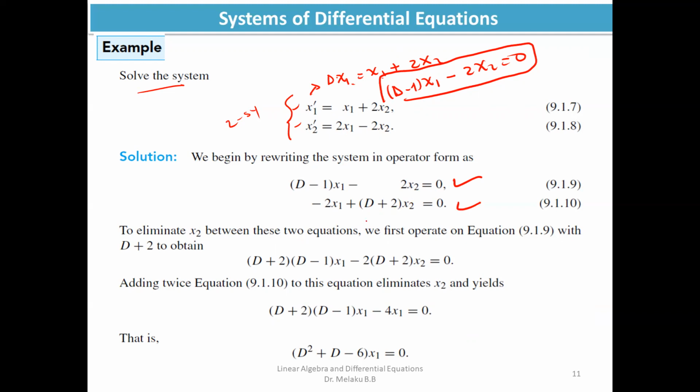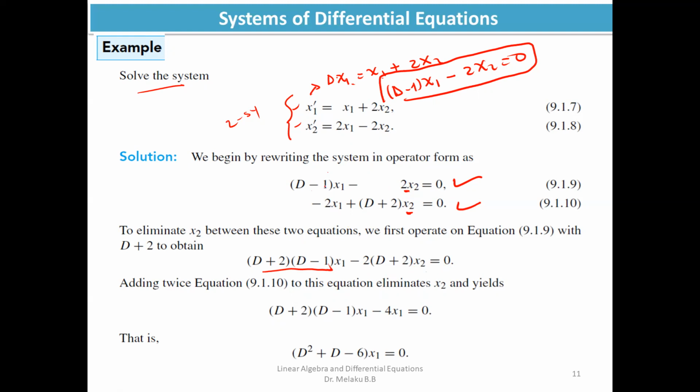Now, which one is going to be removed? Maybe you can get the easiest way. If we want to eliminate x2, first we have to multiply the first equation by D plus 2, and the second equation I have to multiply by 2. So upon multiplying the first equation by D plus 2, this will be (D minus 1) times (D plus 2) x1 minus 2 times (D plus 2) x2 equal to 0.